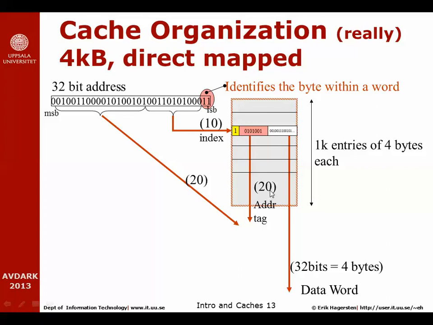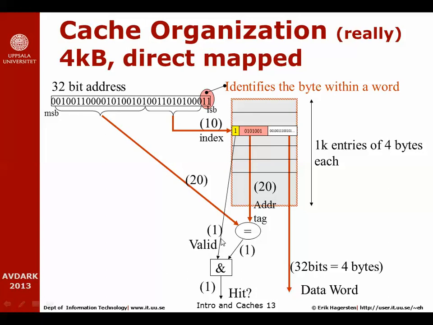So it's going to be a comparison between 20 bits of the address we wanted to look up and 20 bits of the identifier stored on that location. This is a comparator comparing 20 bits with 20 bits, and the signal that comes out will contain a 1 if it's a hit, and a 0 if it's not.